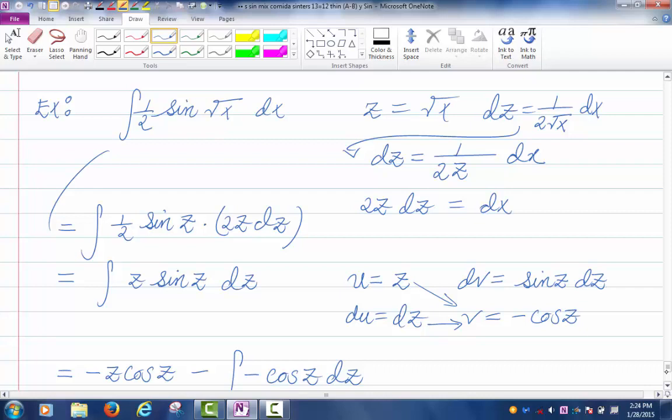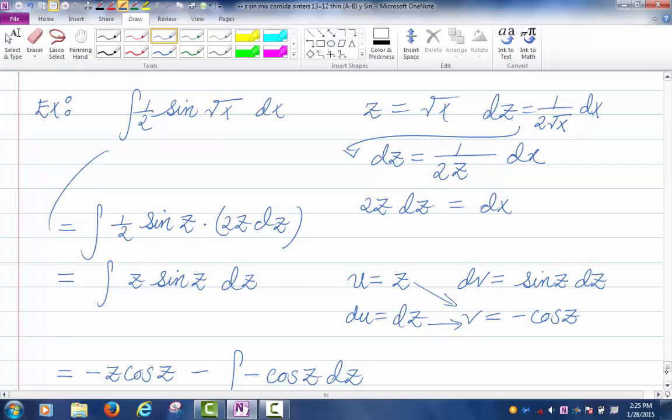In fact, you cannot find a closed form integral of sine of x squared. You know what I mean by closed form? What I mean is that an antiderivative of sine of x squared exists, but I cannot write that antiderivative in terms of familiar functions. Is that making sense?